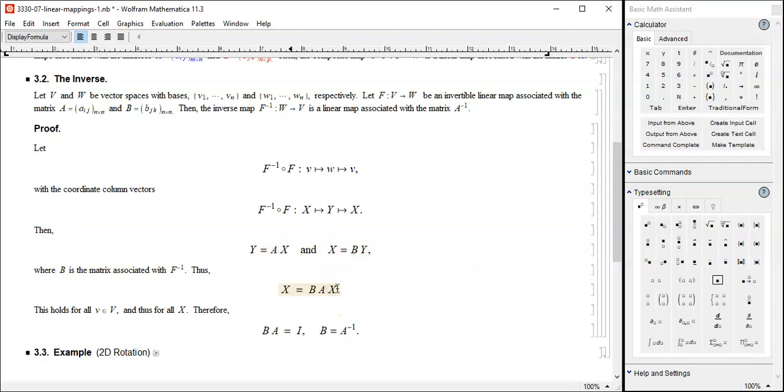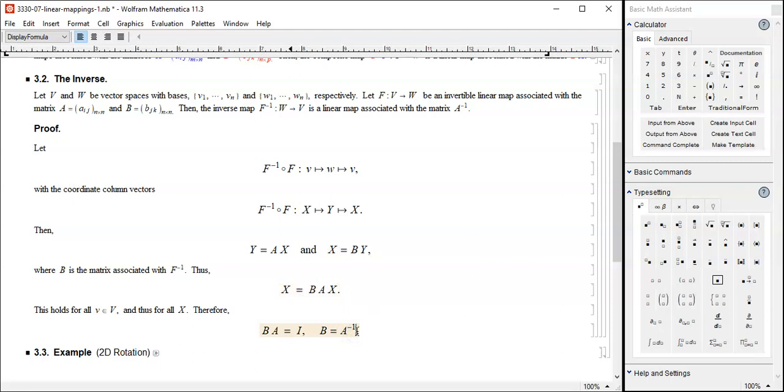So what do you get? X is coming back to B times Y, which is B times AX because Y equals AX. The end result is therefore X equals BA X, and that's the identity.